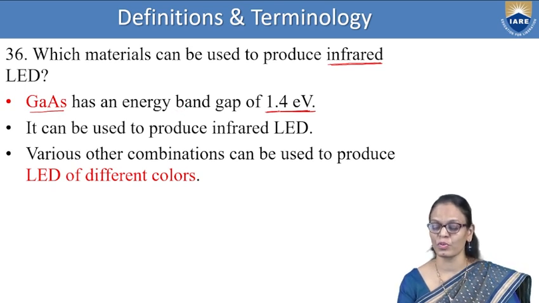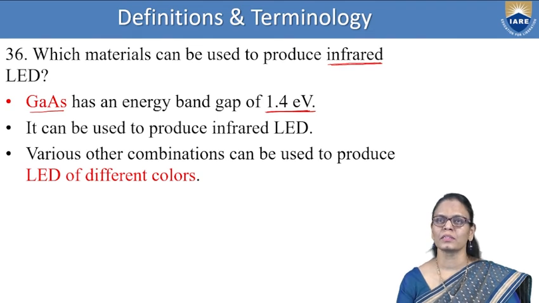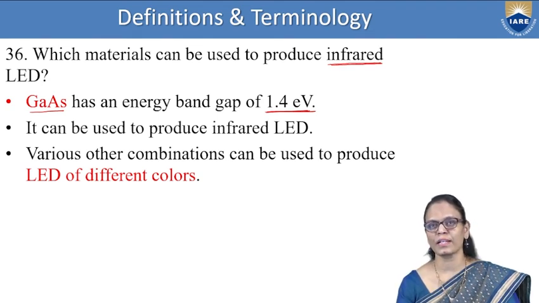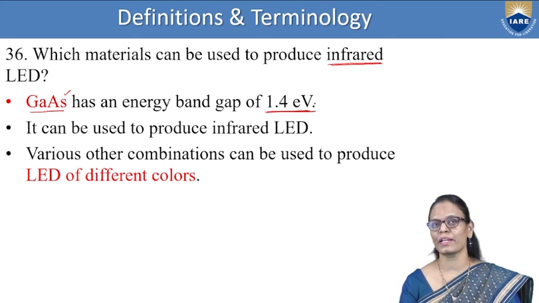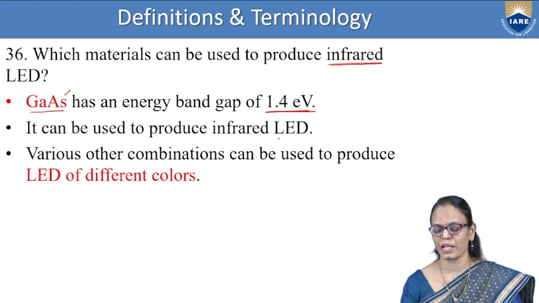If you are taking an ordinary semiconductor like silicon, the band gap is 1.1 electron volt. So when we are doping and taking a combination like gallium arsenide, the band gap is 1.4 electron volt, and this can be used to produce infrared LED.